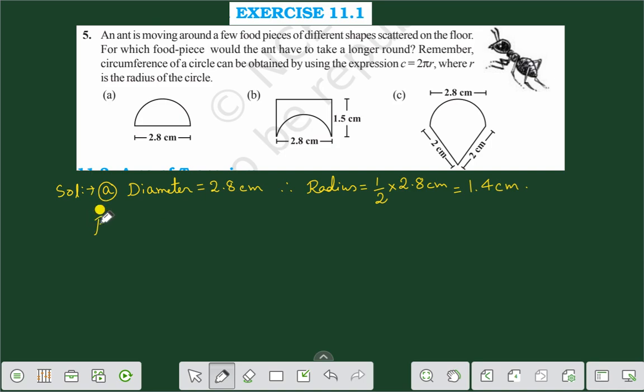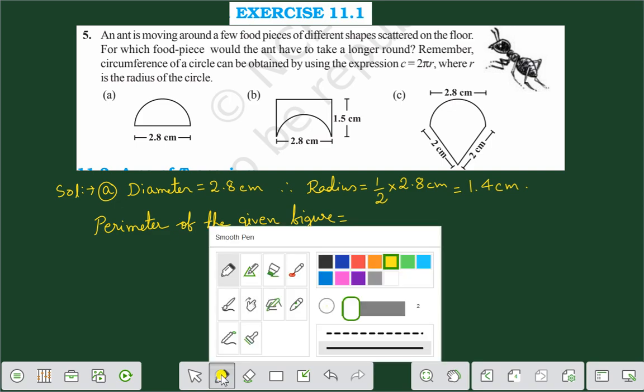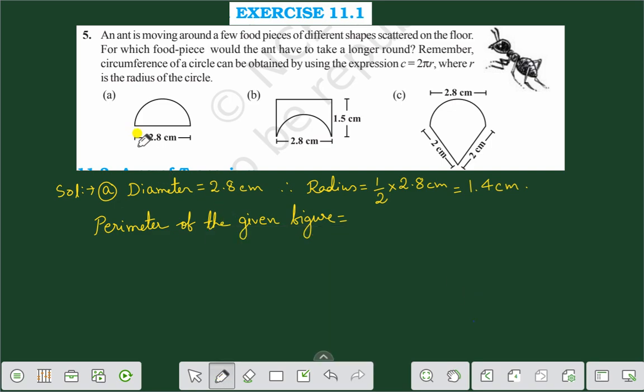Perimeter of the given figure is equal to, here if you name this one as A, this is B, this is C point.